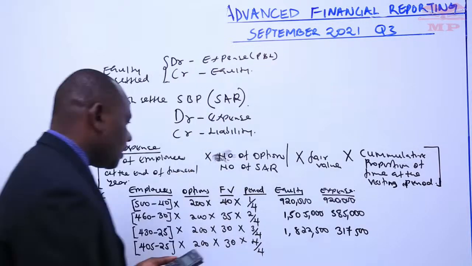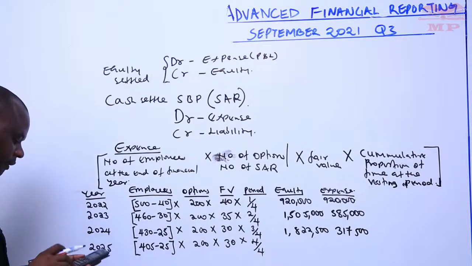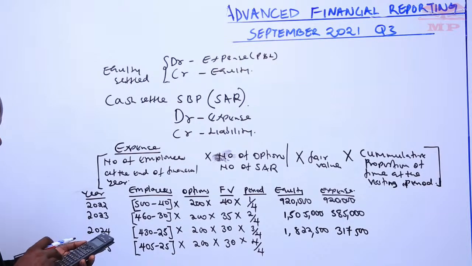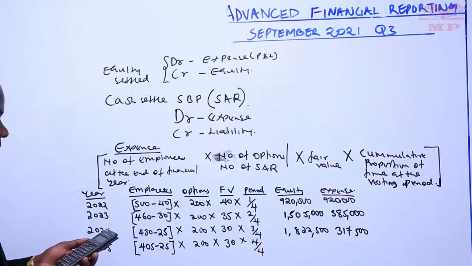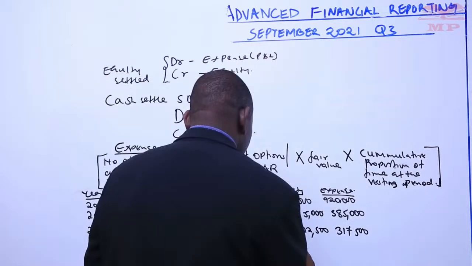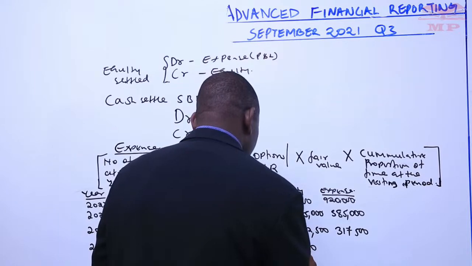And then the last one is 405 minus 25, times 200, times 30. That is 2,280,000.